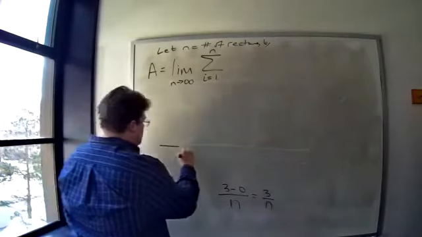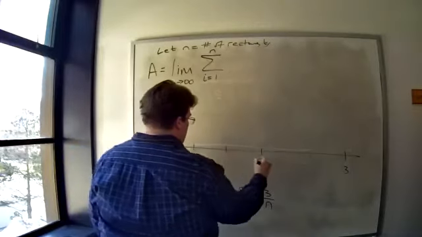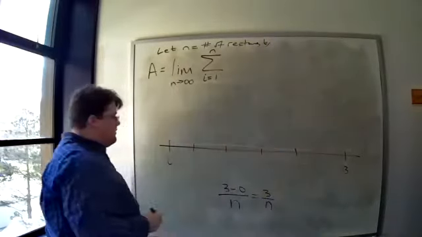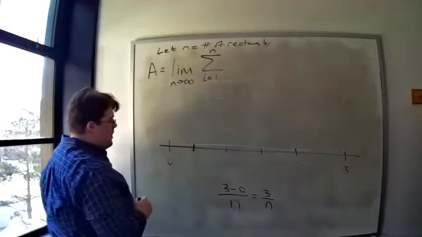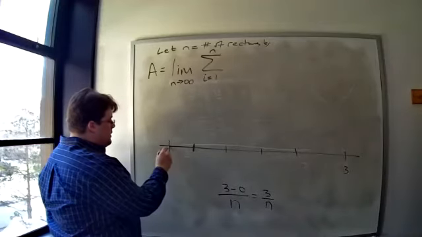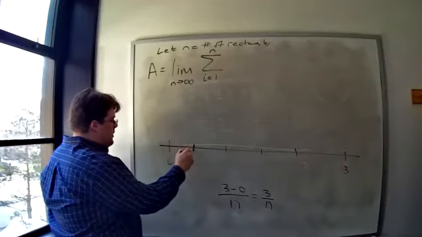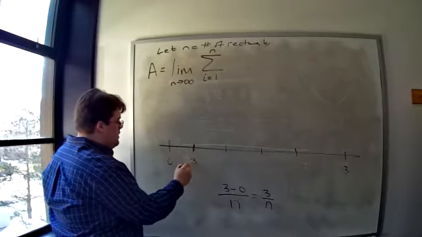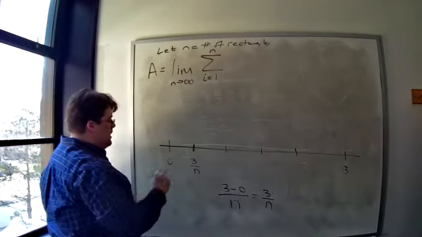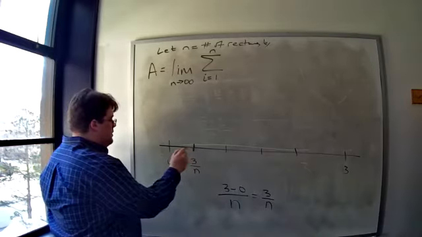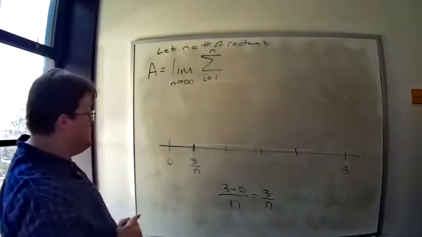So we have 0 to 3. Each of these subintervals has length 3 over n. So what is this first one? Well, we start at 0, we go over 3 over n. 0 plus 3 over n is 3 over n. Any questions about that first x value?